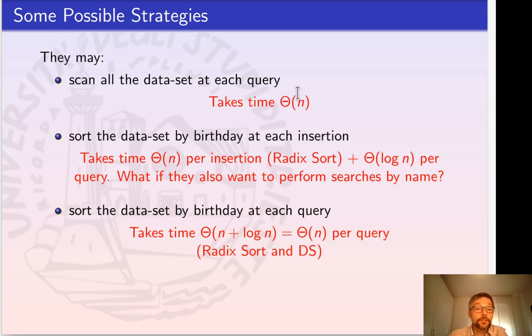But what if instead each cell of the dataset contains a list of people instead of a single person? So the list of people whose birthday is the same. So let's say, I don't know, the second cell of my array contains all the people whose birthday is 31 of December 2009.